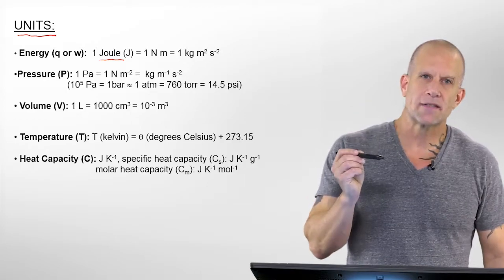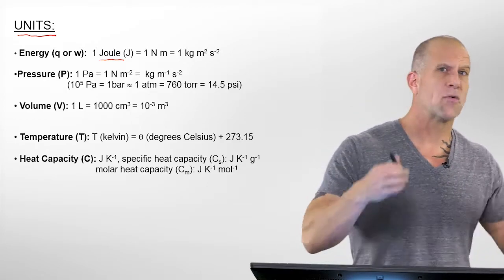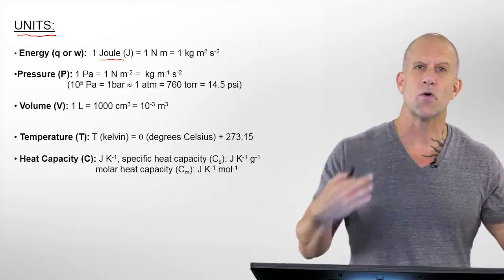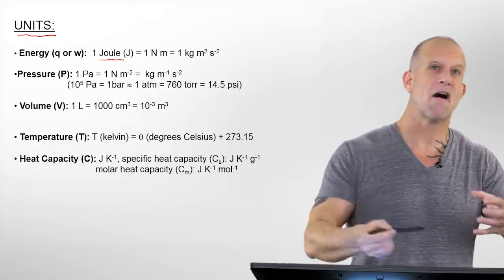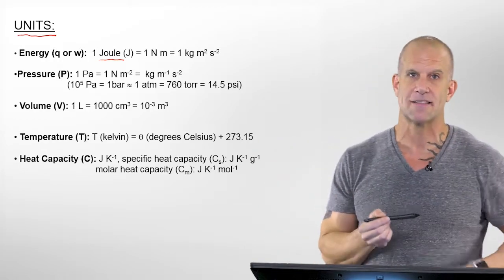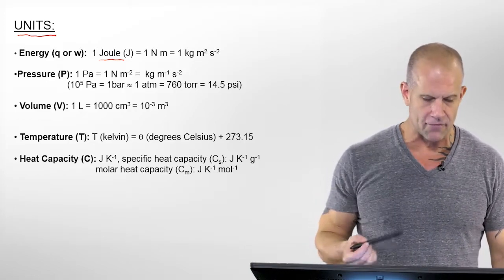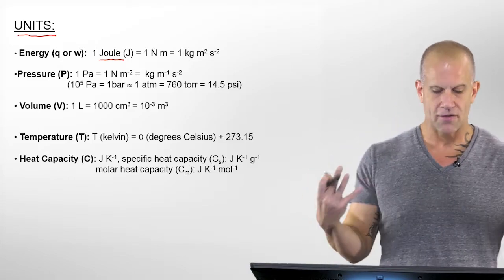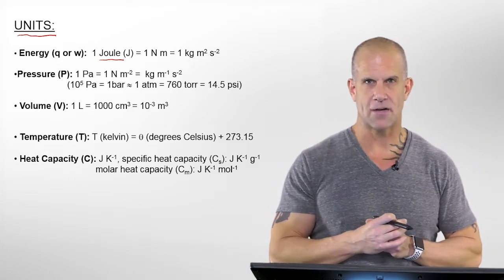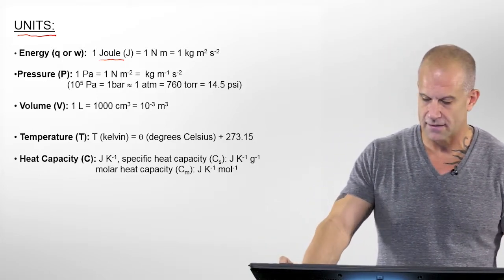I just want to emphasize that the number one mistake made by students on either quizzes or exams, etc., when working problems is not having the units correct, not converting units correctly, etc. So I would just strongly urge you to make sure you're very comfortable with the units we use for energy, pressure, volume, temperature, heat capacity, etc. And your book goes through this fairly well, and there are tons of online resources.